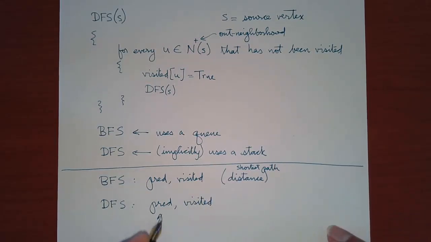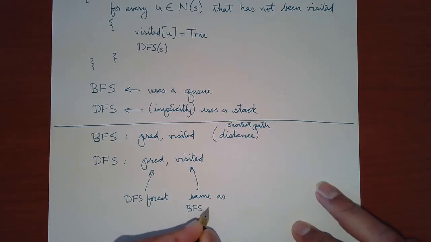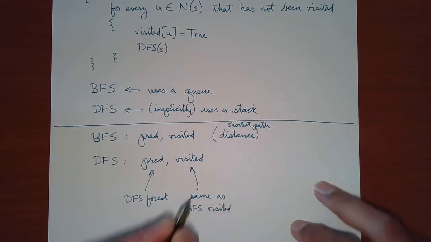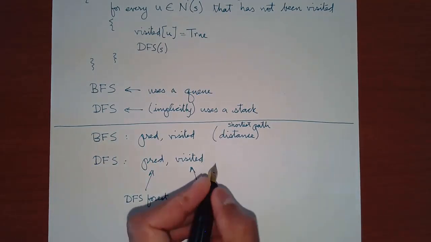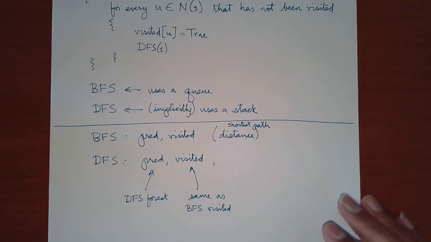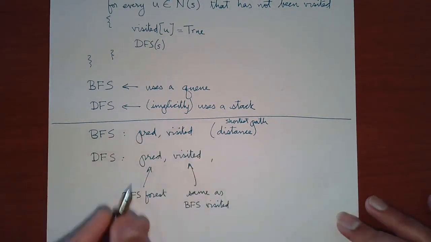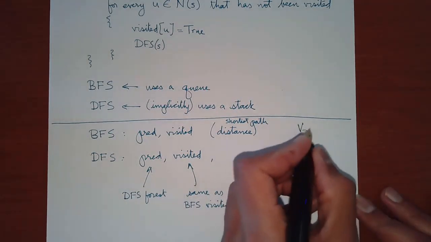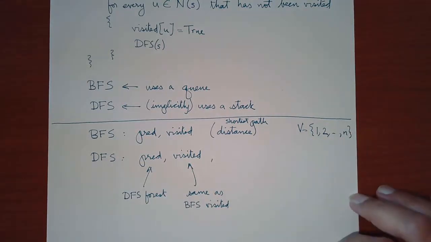So this is going to give you the DFS forest. And this is the same as the BFS visited array, right? Every time you touch a vertex, you set visited to be true. But the main new thing that DFS maintains is that it actually maintains two arrays. All of these are arrays indexed on the vertices, which I'm numbering from 1 to n.